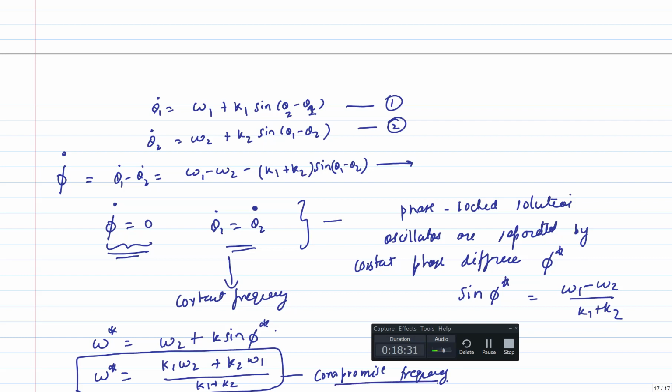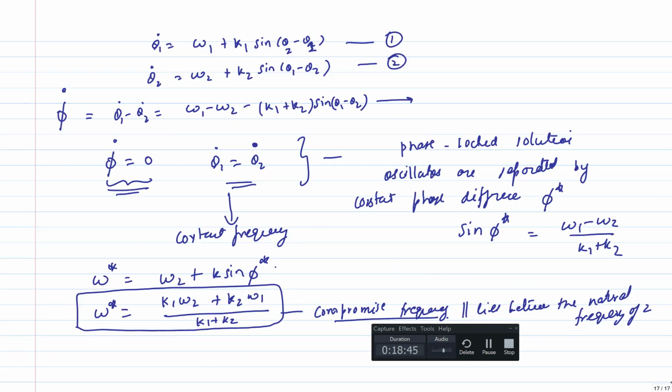Why is this called the compromised frequency? Because it lies between the natural frequencies of the two oscillators.